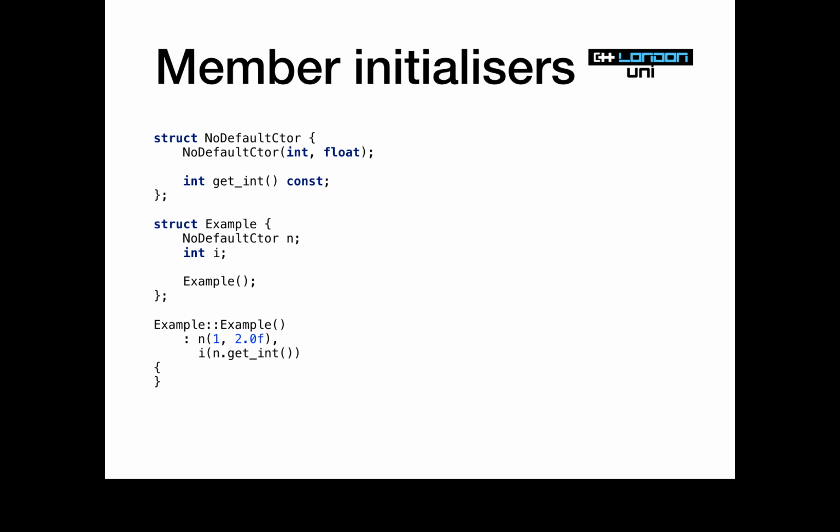And this works, I might go into this in a little more detail in a second. This works because members of a structure are always constructed in the order in which they appear in the definition. So we know that by the time we get to i, n will already have been constructed, so we can happily call this getInt member function.